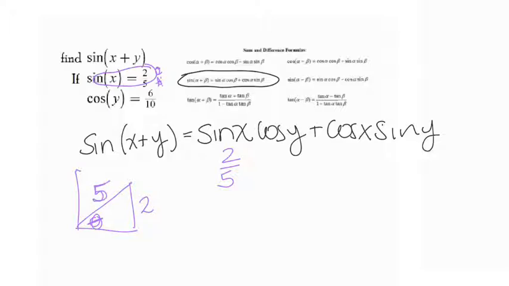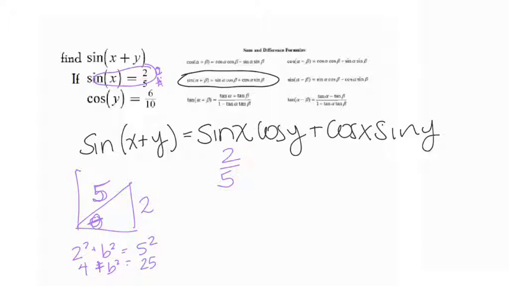And then to find my adjacent side, I need to do a squared plus b squared equals c squared. So 2 squared plus, I don't know why I'm calling it b, but I'm going to. So 4 plus b squared equals 25.